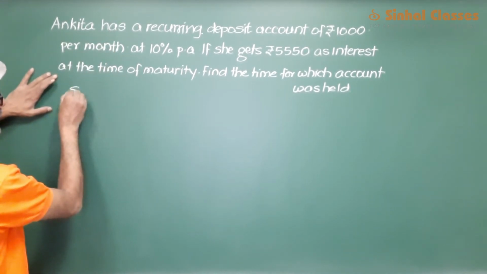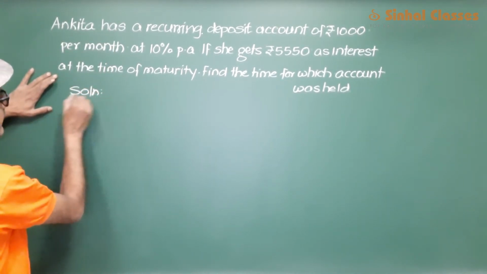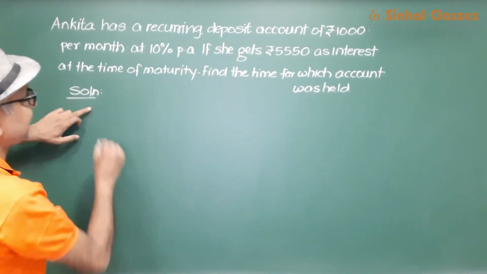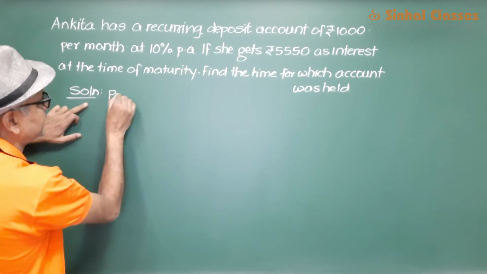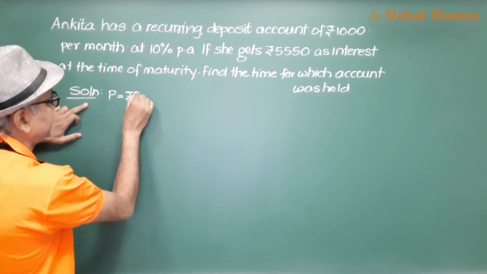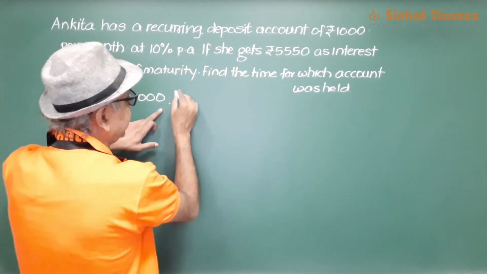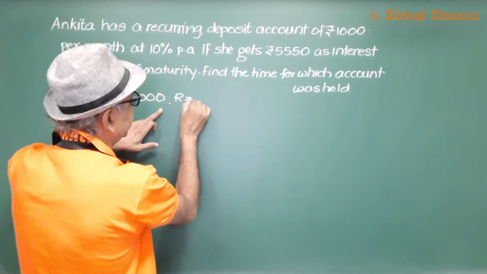Here we are given that Ankita has a recurring deposit account of rupees 1000 per month. So this principal is rupees 1000 at 10% per annum. So rate of interest is 10%.